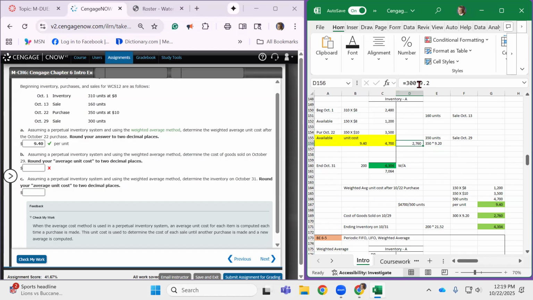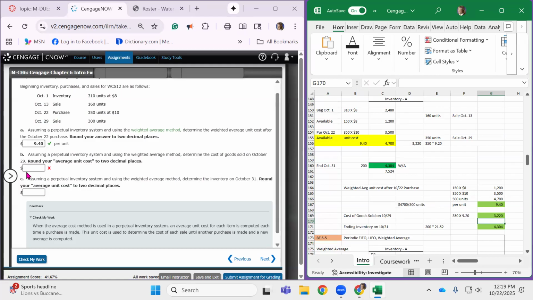Okay. So once again, 350 units sold at $9.20. 350 units at $9.20. There it is. So this should match the amount that's coming out of that T account, 350.